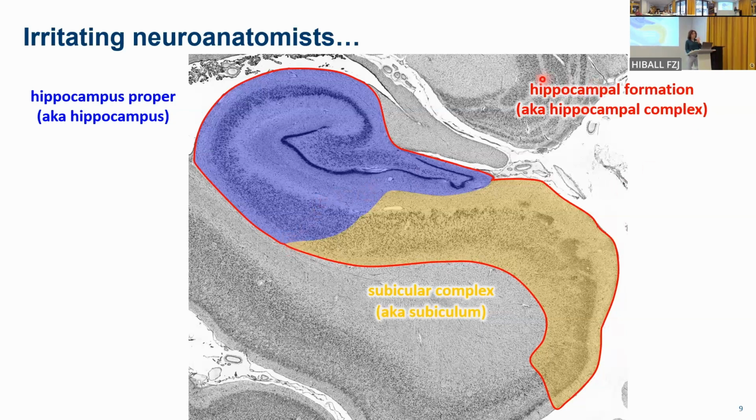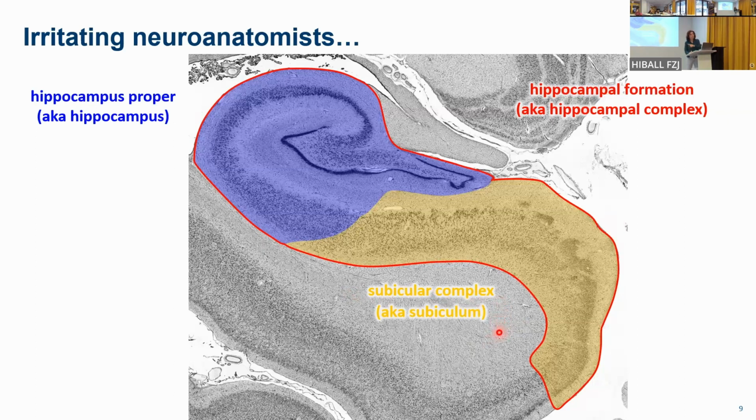So those of us that think that the entorhinal cortex isn't part of it would say that the hippocampal formation is composed of the hippocampus proper, or just for simplification, the hippocampus, and the subicular complex. Some authors also simplify, and instead of talking about the subicular complex, they talk about the subiculum.